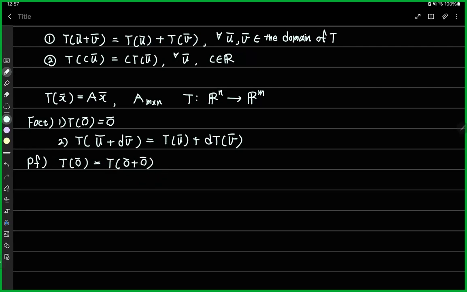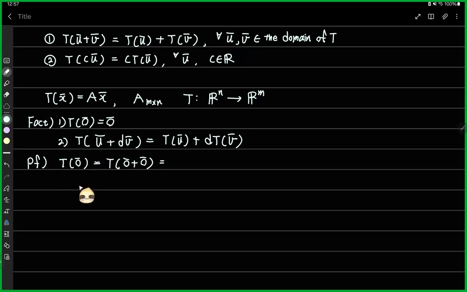It makes sense, right? Now, keep in mind we do not know this is equal to the zero vector. That's what we want to claim: that T of the zero vector is the zero vector.